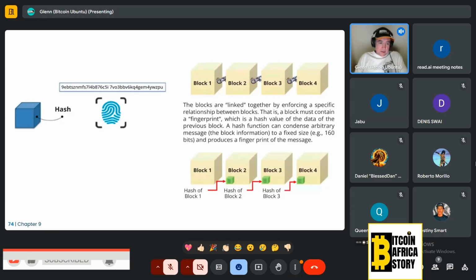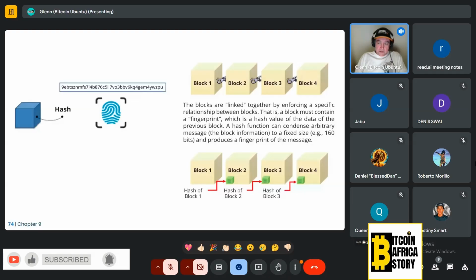So again, remember, a hash is a fixed length digest, so regardless of the input into the hash function, the output is always a fixed length. The blocks are linked together by enforcing a specific relationship between blocks. That is, a block must contain a fingerprint, which is a hash value of the data of the previous block.